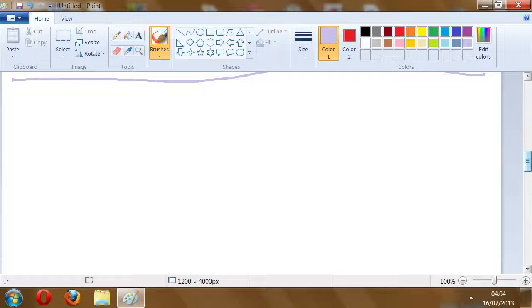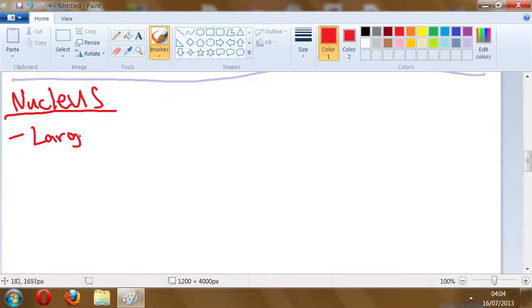Now the nucleus. So the nucleus is found in eukaryotic cells. We'll go back to red again. Nucleus is always a big one, isn't it? It's a large organelle. It's got an important name.